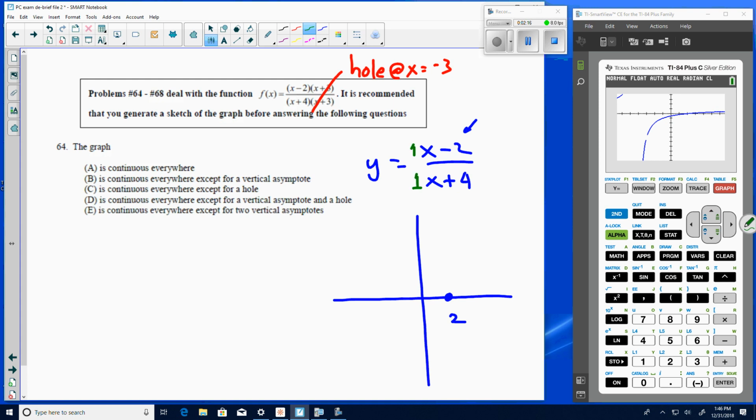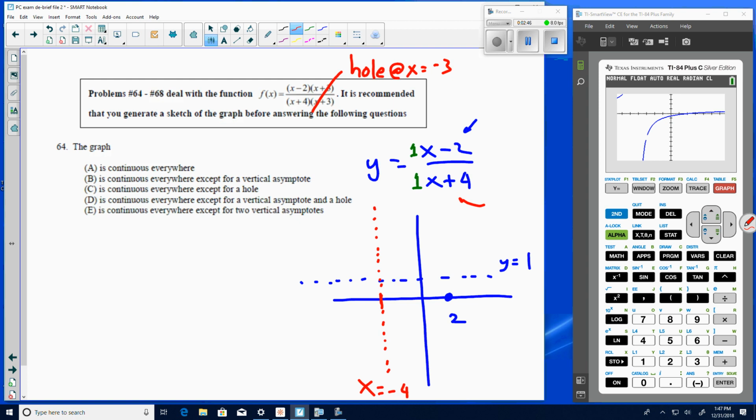The degree of both numerator and denominator is 1, and the coefficients are 1 to 1. So in the end, this is getting close to y is equal to 1. And we have this vertical asymptote at x is equal to -4. That would make the denominator 0. So right here at x is equal to -4, we have a vertical asymptote.